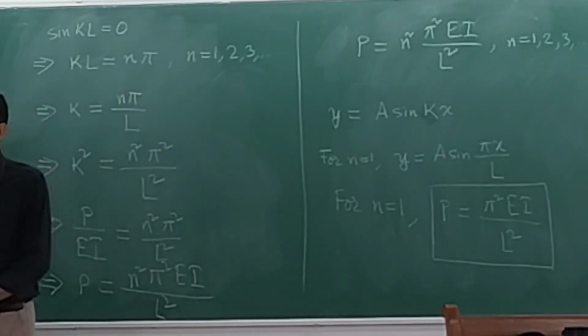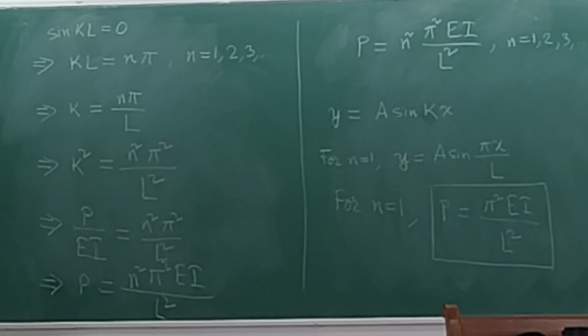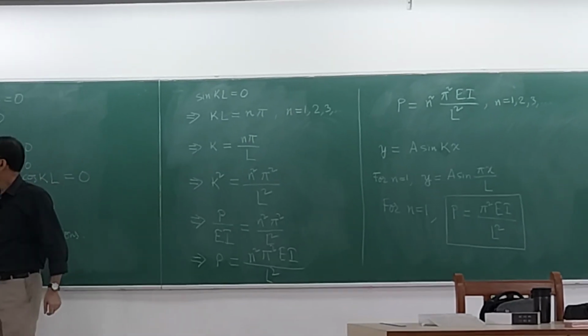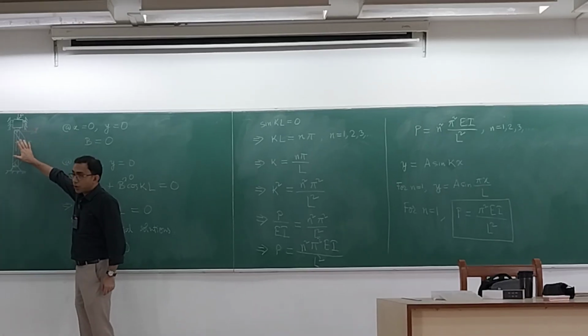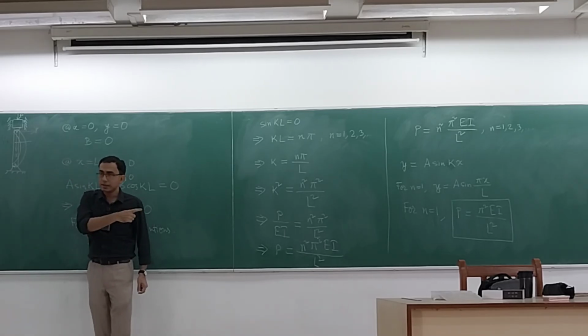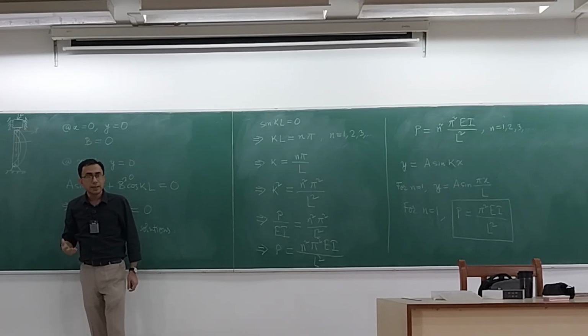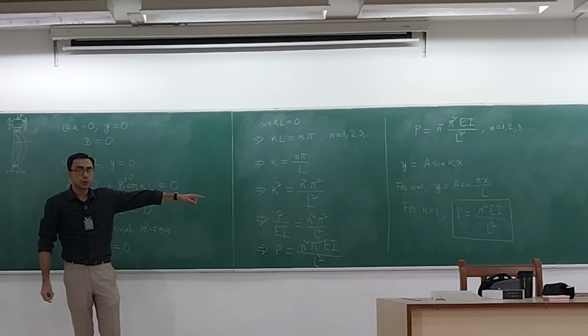Remember that the solution you are obtaining for the different values of stable P corresponds to the situation where both the ends are pinned. Just after this, we are going to consider other kinds of boundary conditions, and then you will see that that is no longer going to be true.